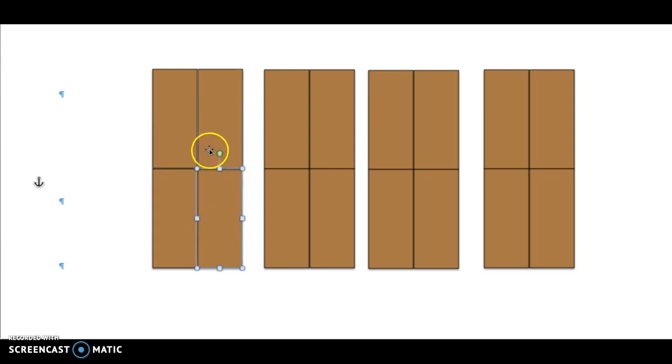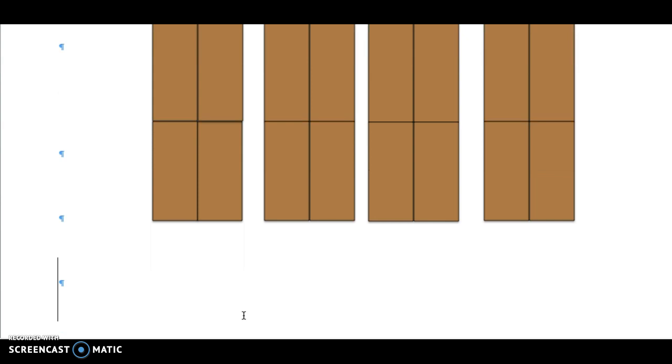So that's 1 lot of 4. Then we have 2 lots of 4, 3 lots of 4, 4 lots of 4. So 4, 8, 12, 16, or we can go 4 times 4 equals 16. So that is basically it.